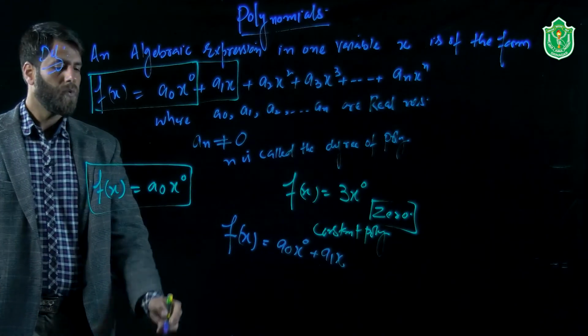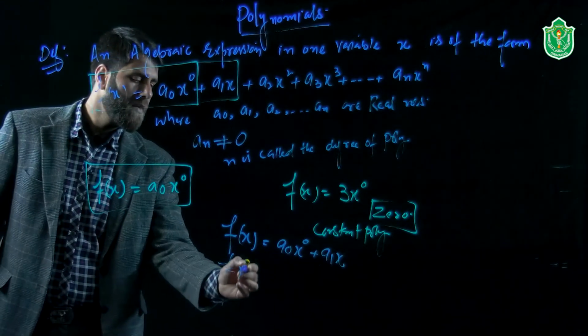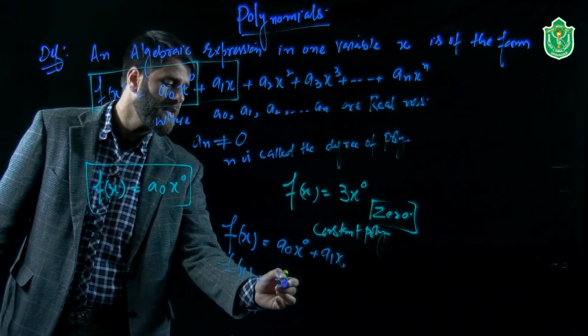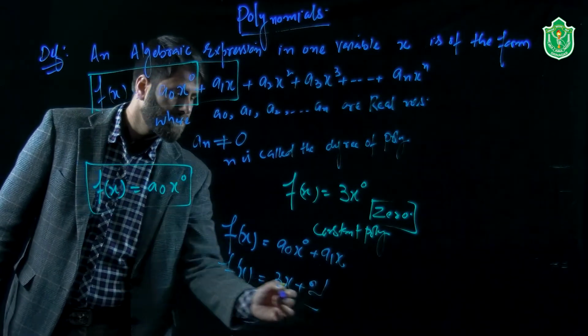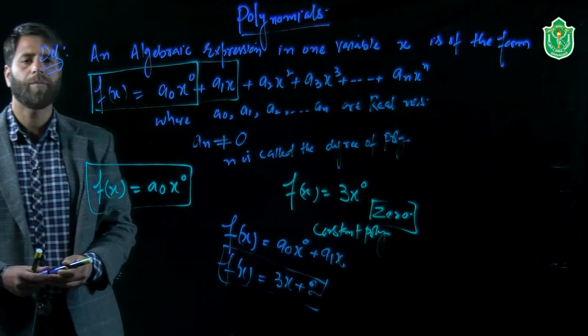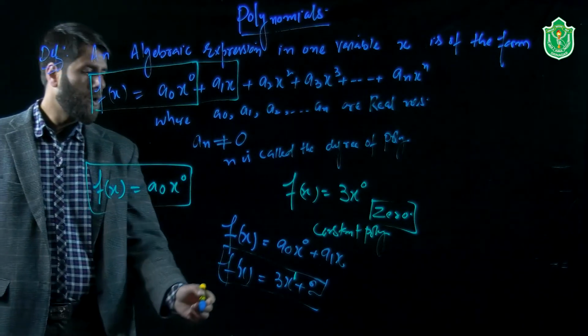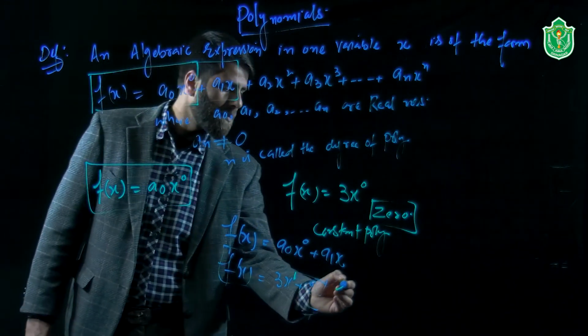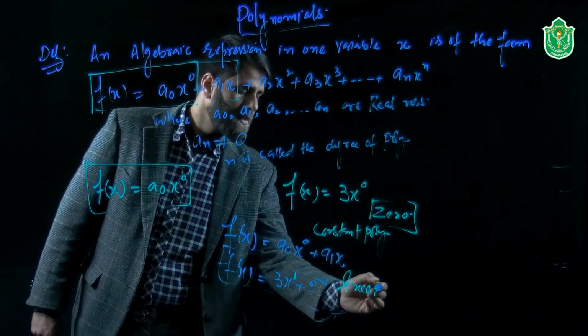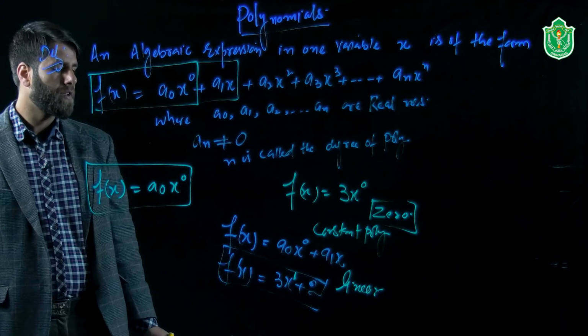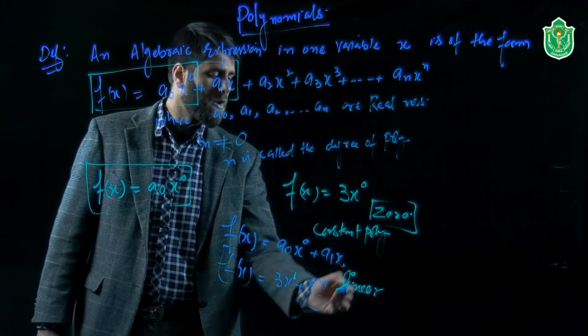We can take an example like f of x is equal to 3x plus 2. What is the degree of x? The degree of x is here 1, so the polynomial is called a linear polynomial.